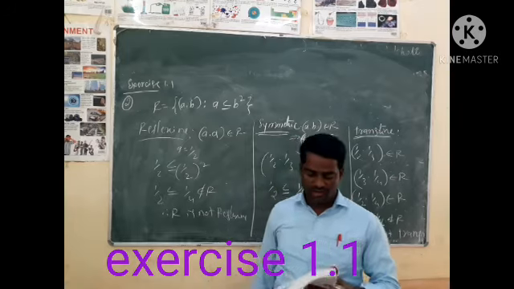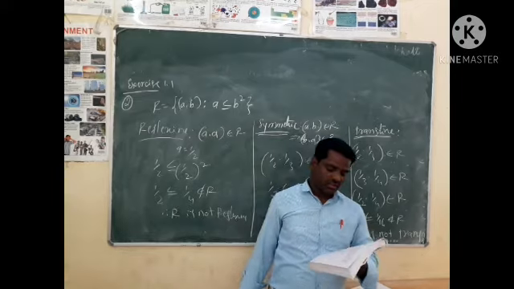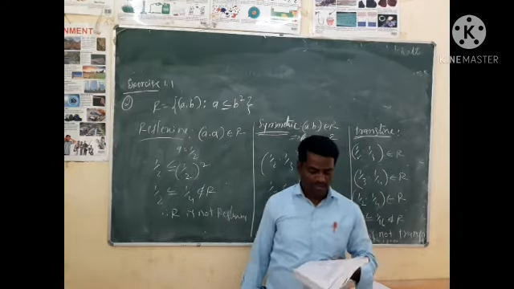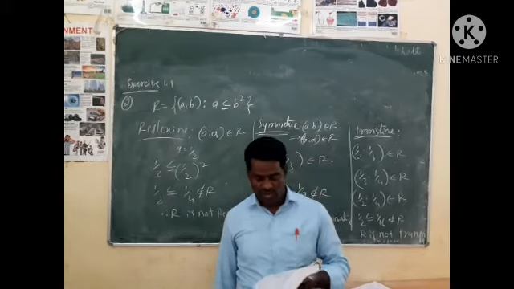Check whether the relation R defined in the set {1, 2, 3, 4, 5, 6} as R = {(a, b): b = a + 1} is reflexive, symmetric or transitive.